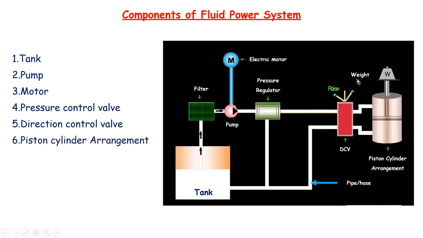Next, pipe or hose, which carries the hydraulic oil or fluid from one point to other point. And lastly, filter. The main function of a filter is to remove the dust particles present in the hydraulic oil. So these are the components of fluid power system.